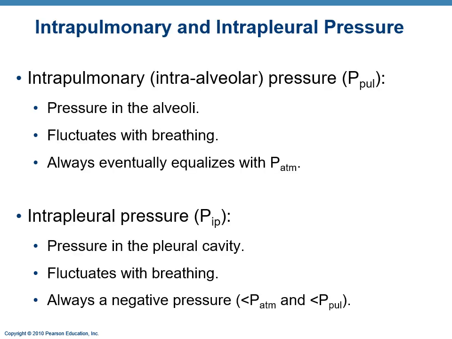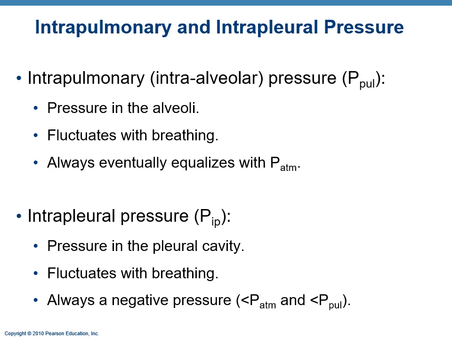So intrapulmonary or intraalveolar pressure, known as P-PUL, is the pressure in the alveolar sacs, and this will fluctuate with breathing, but it will always eventually equalize with atmospheric pressure between inhalation and exhalation. Intrapleural pressure, or PIP, is the pressure within that pleural cavity between the layers of the serosa.